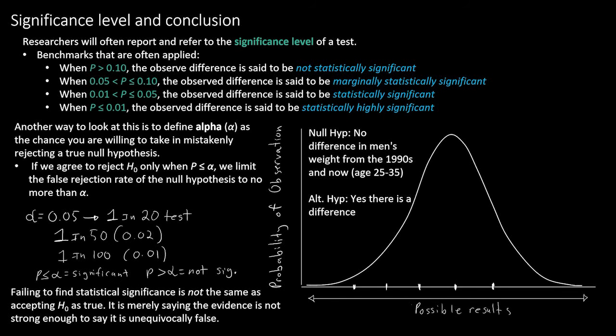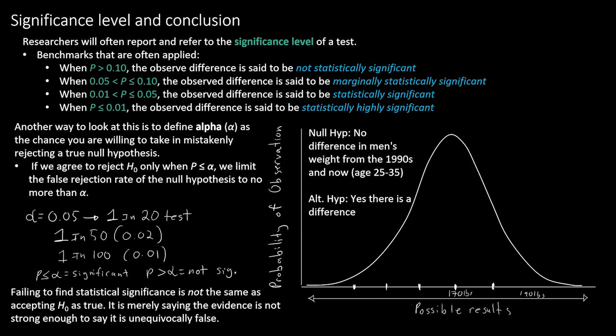With that, let's say we collect our observations, and for this example, we happen to have a sample mean of 190 pounds. Remember, this is the average weight of men that we collected for 2021, ages 25 to 35. This 190 pound sample mean would fall right here. Remember, 170 pounds is in the center, and 190 would be over here in the far right.